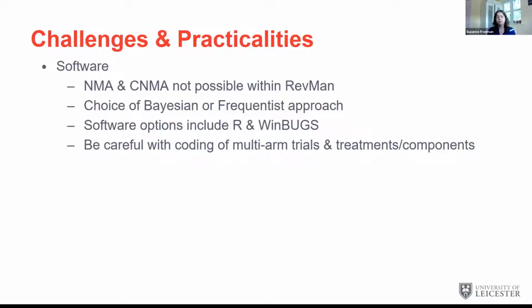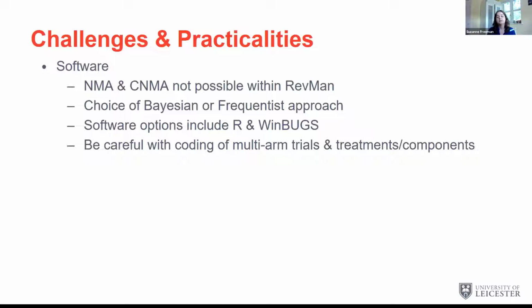The frequentist approach can be fitted for the network meta-analysis using the R package netmeta, and that also allows you to fit the additive effects component network meta-analysis model. But at the moment, it doesn't allow you to fit an interaction model.